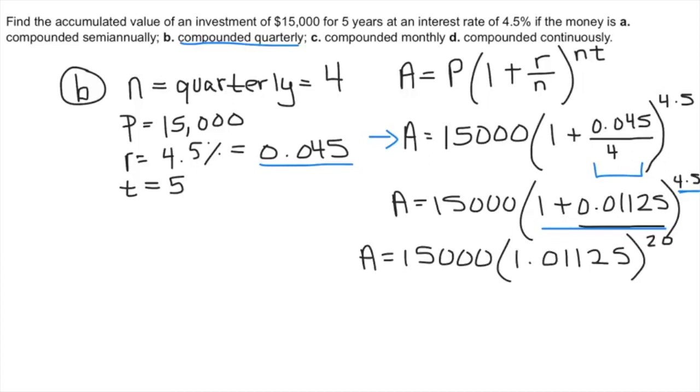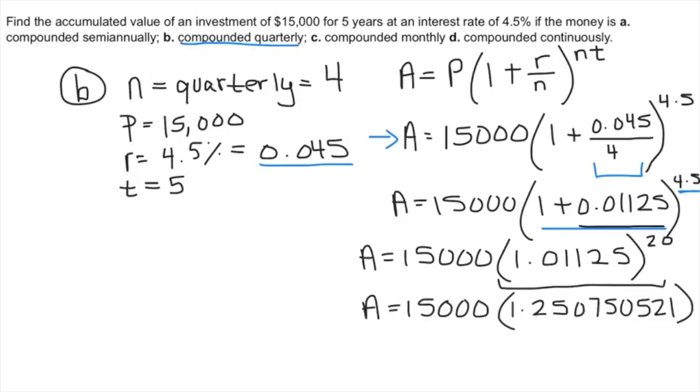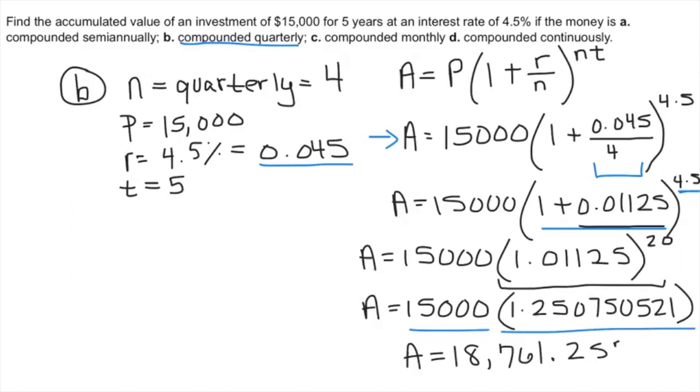Now we'll take our calculator and we'll raise 1.01125 to the 20th power. Next, we'll multiply the decimal that we just got, which is 1.250750521, by 15,000. And we get A equals 18,761.25781.